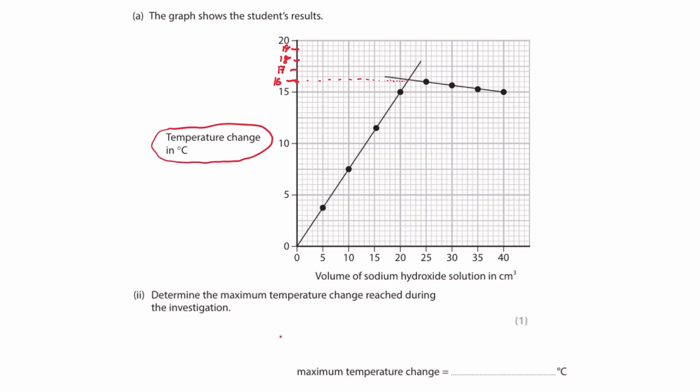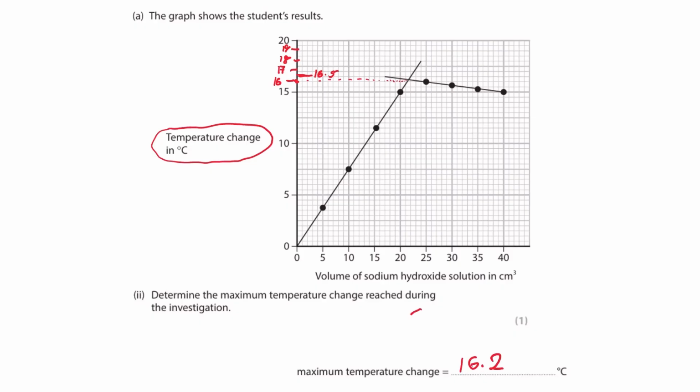Slightly above 16, but a little bit below 16.5, because if there are two boxes, the middle line is 16.5. So I'll take it as slightly above, 16.2 degrees Celsius.